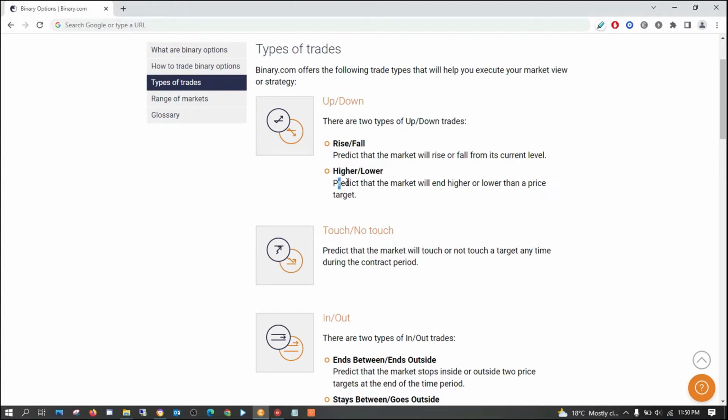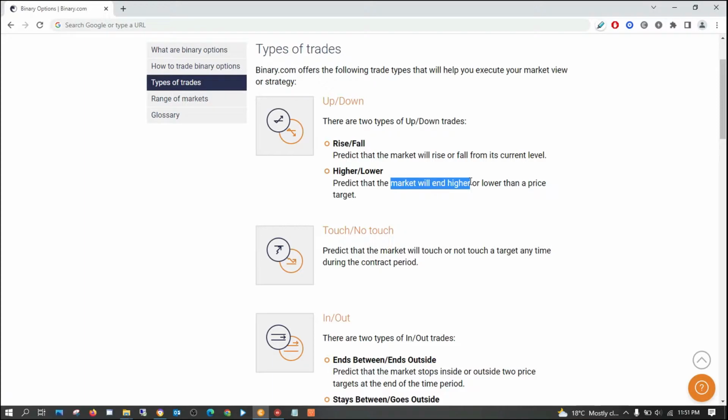In this one you predict the market will end higher or lower than the price target. There is actually a price target that is your reference, and if you predict that the market will go higher and it goes higher than the target price, then you get a payout.